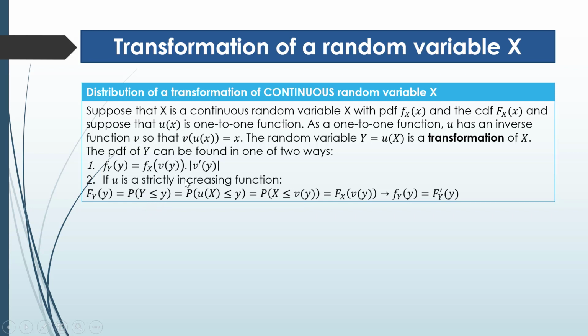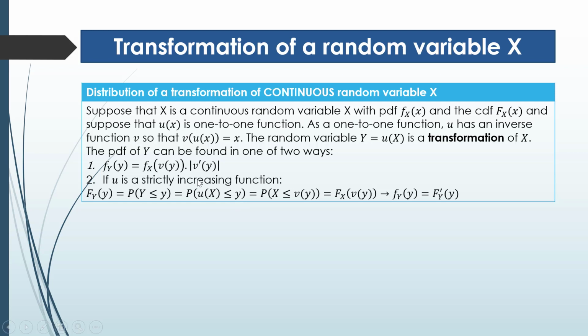And since Y is a transformation of X, we replace Y with u(x). So we get the probability that u(x) is less than or equal to a single value, little y.